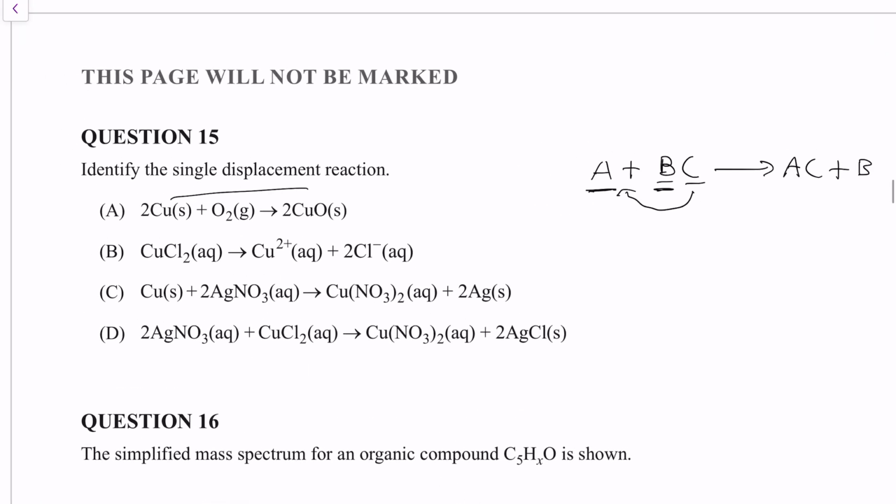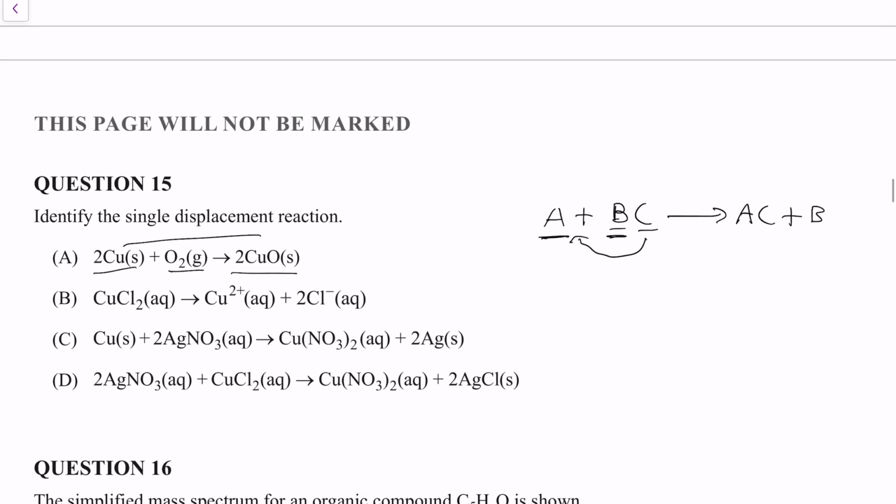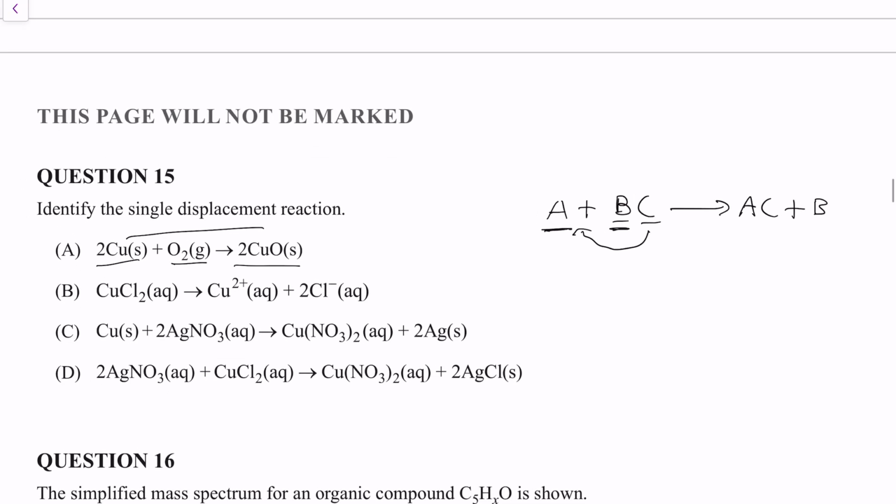So with option A, we know that it's just a sort of addition or combination reaction. It doesn't really give us two parts, so there's only one part, copper and oxygen here, which makes a two-part substance, so that's not it.